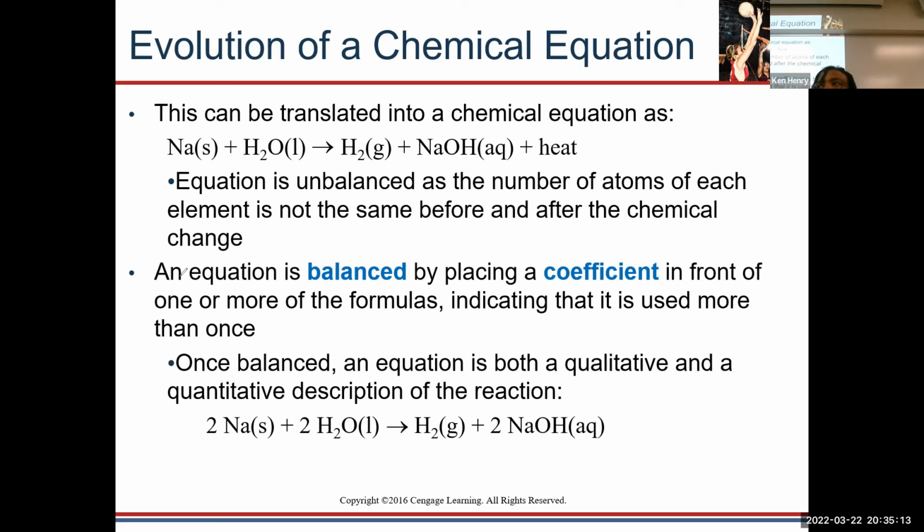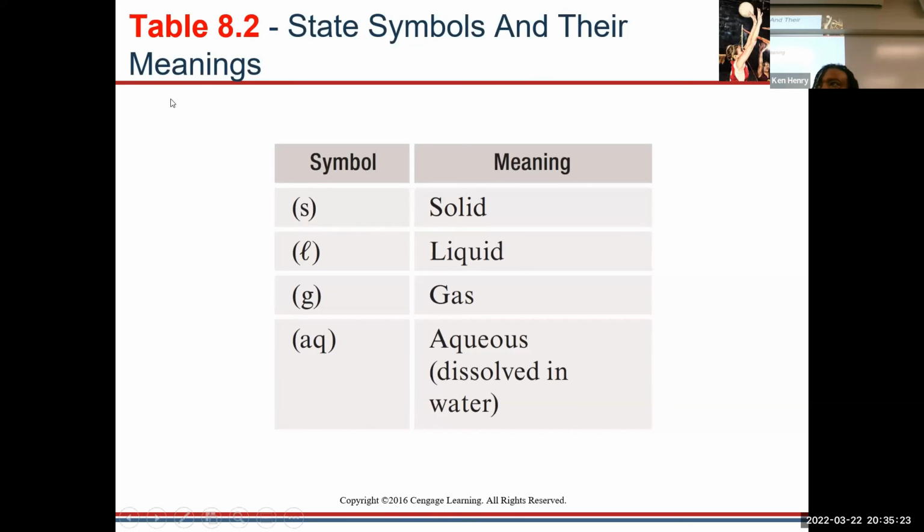So then after that, we start playing with the coefficients. And then we got the coefficients correct, right? And then, of course, we added our little symbols. Solid is an S, liquid is an L. It's a cursive L, okay? Gas is a G, and aqueous basically means dissolved in water. It's going to be AQ.